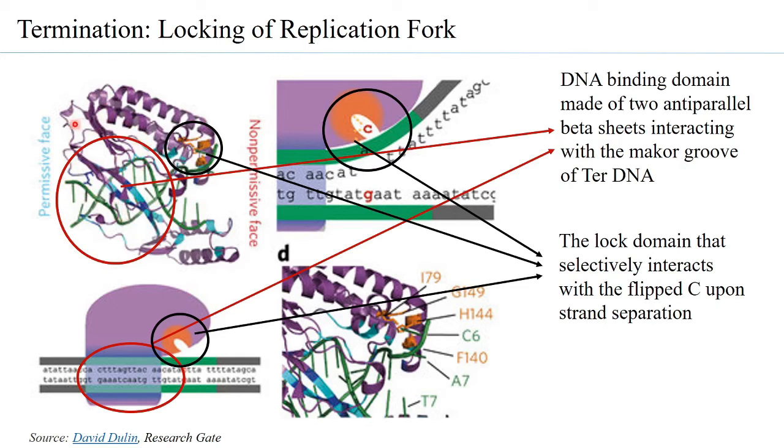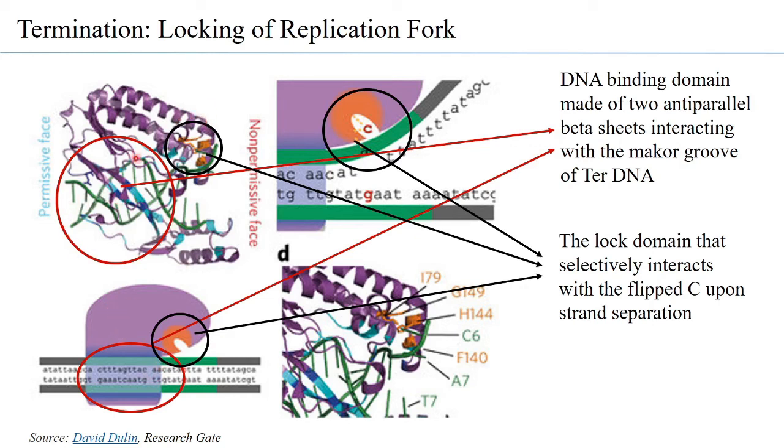The antiparallel beta sheets have been observed binding to the major groove of the Ter sequence, and the binding of Tus with Ter varies depending on variations in the sequence in the Ter region, which was predicted from earlier studies as well.